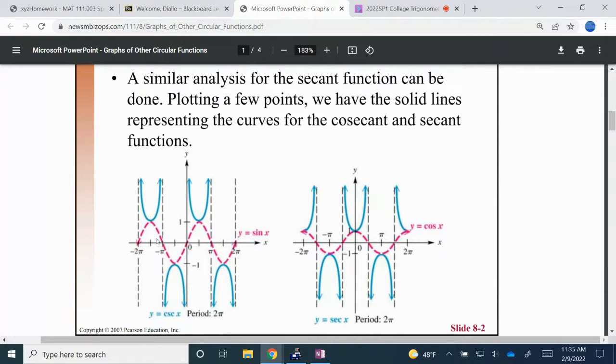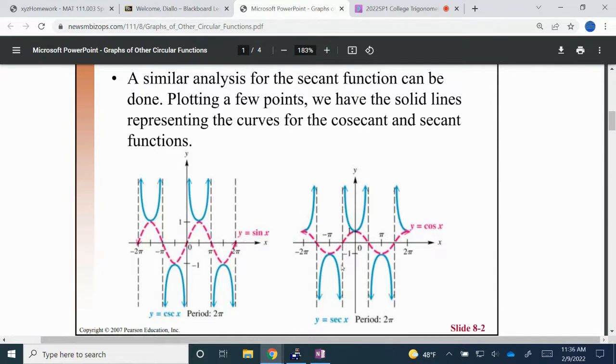The red curve is the sine curve, and it runs between negative 1 and positive 1. The blue curve is the cosecant curve, and it is greater than positive 1 and less than negative 1.